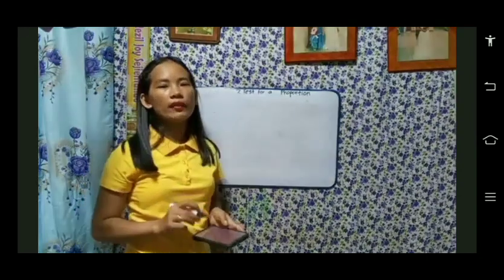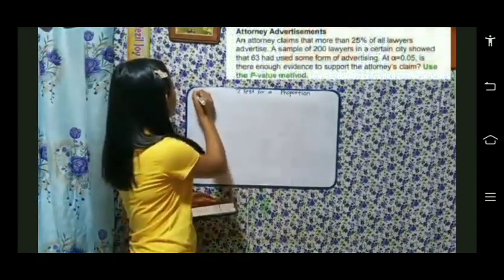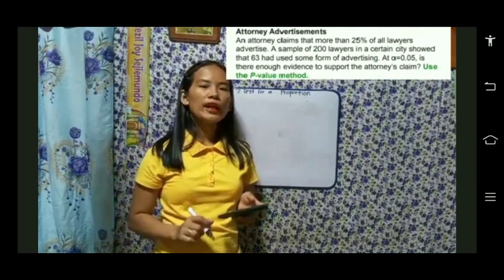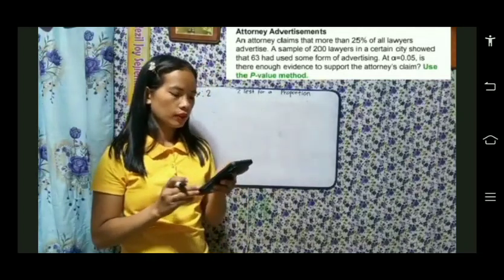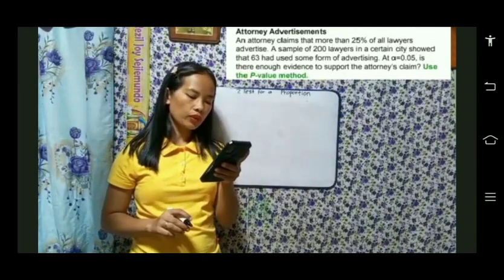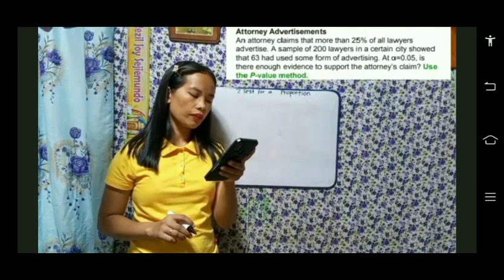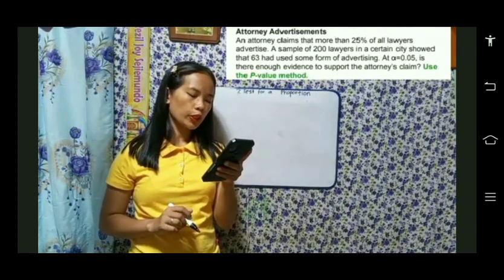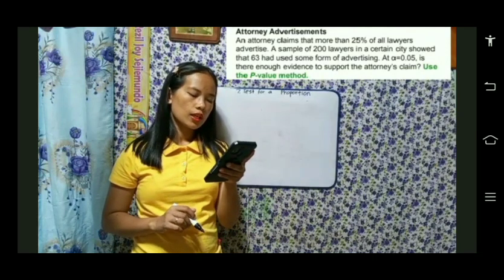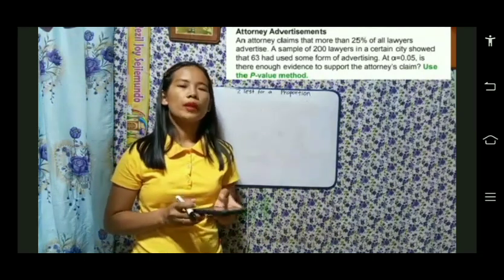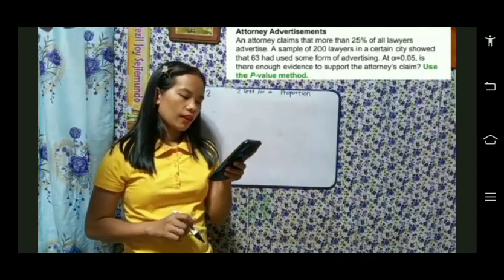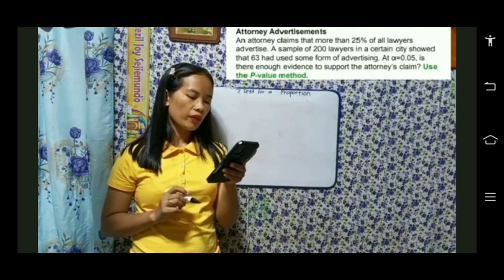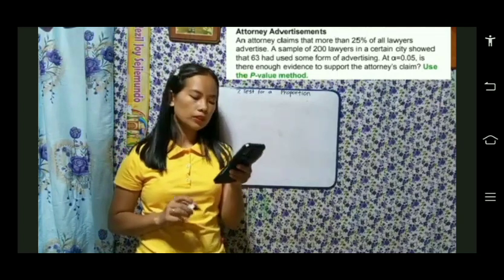Another example, advertisement. An attorney claims that more than 25% of all lawyers advertise. A sample of 200 lawyers in a certain city showed that 63 had used some form of advertising. At alpha equals 0.05, is there enough evidence to support the attorney's claim?